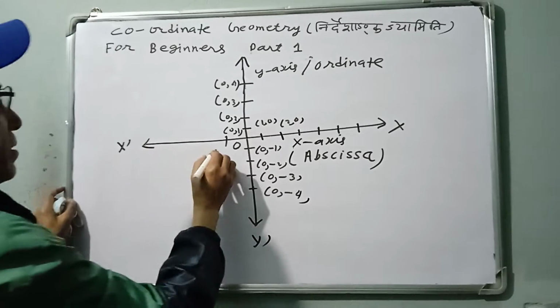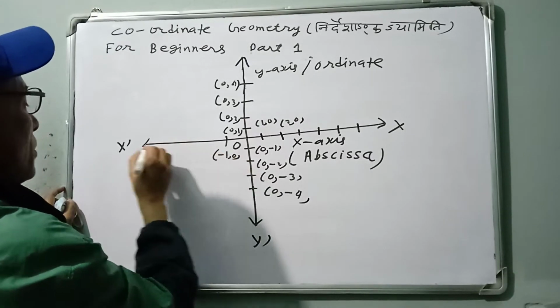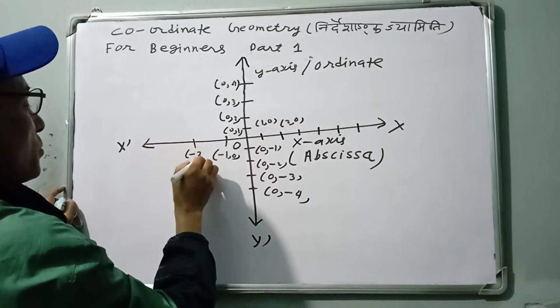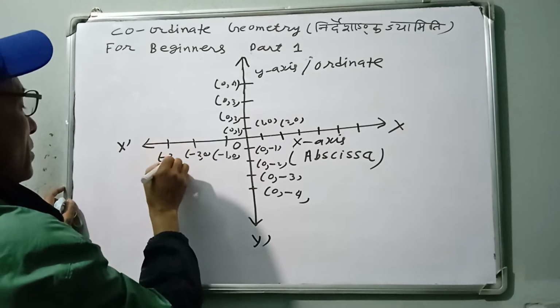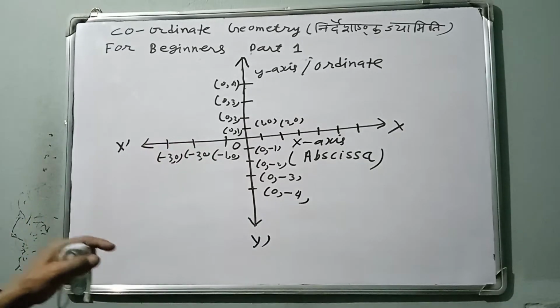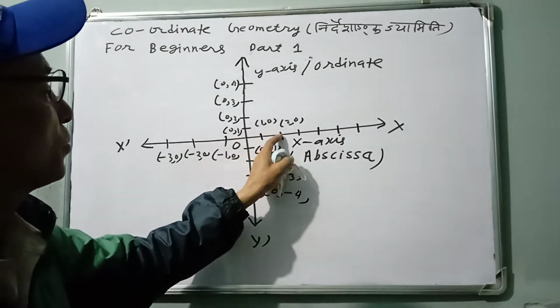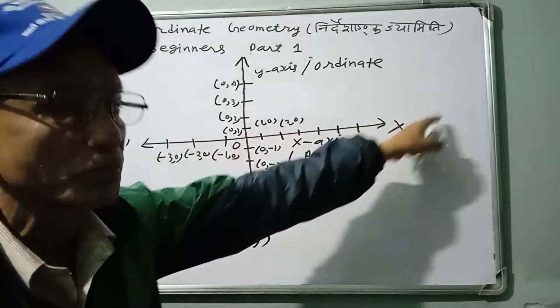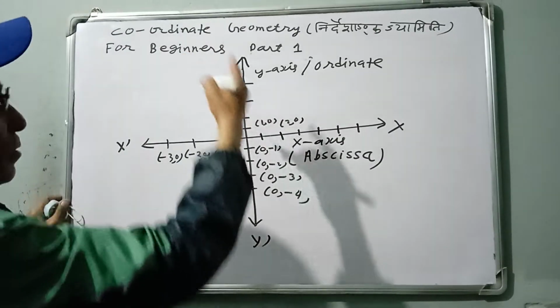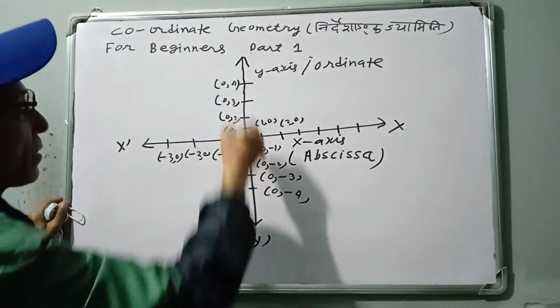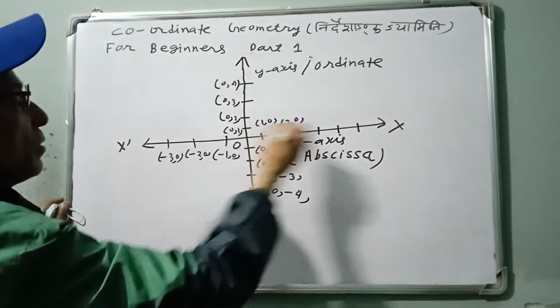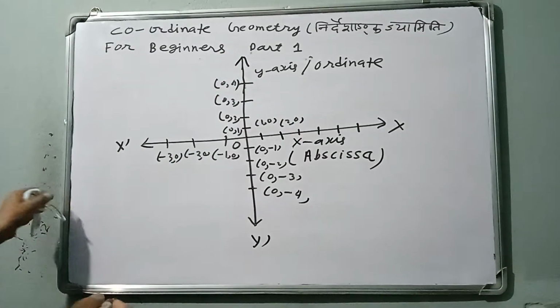And left side (-1,0), (-2,0), (-3,0). In this way, (0,0), (1,0), (2,0), (3,0), (4,0), (5,0) goes on increasing. On the x-axis y equals 0, on the y-axis x equals 0.